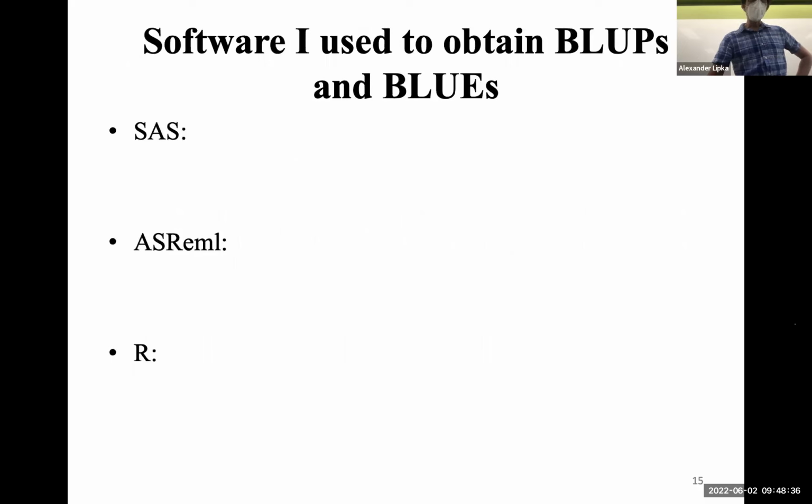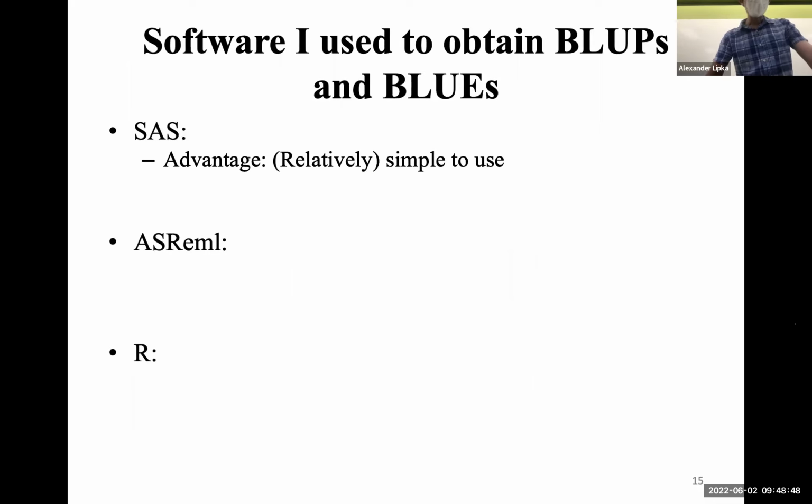Okay, so here's some software that I've used in the past, or graduate students and postdocs in my lab have used in the past, to obtain BLUPs or BLUs. So SAS, the advantage is that it's relatively simple to use, okay? A major disadvantage, okay?